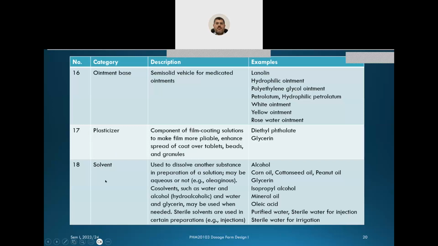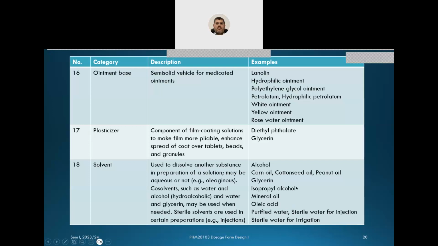Solvent, a lot of solvents can be used to make the liquid formulations specifically. There may be solvents, there may be co-solvents. Solvents may be aqueous matter like water, purified water, sterile water for injection if you want to make injections, sterile water for irrigation, and so on. And usually we use it to dissolve the water soluble materials or drugs.